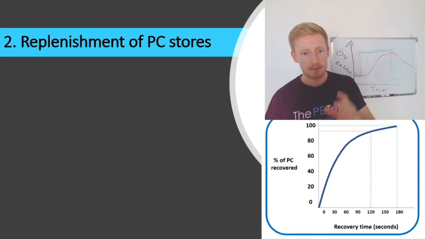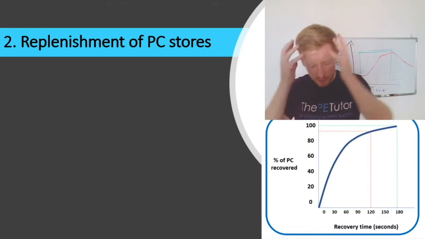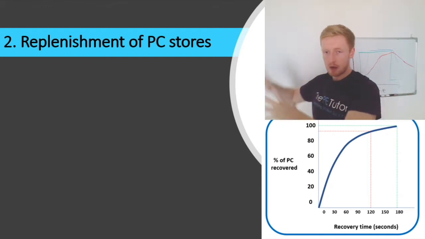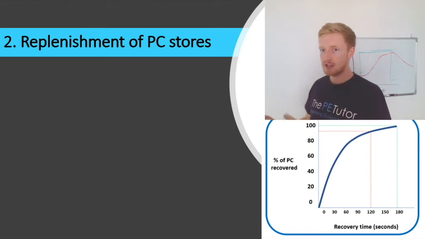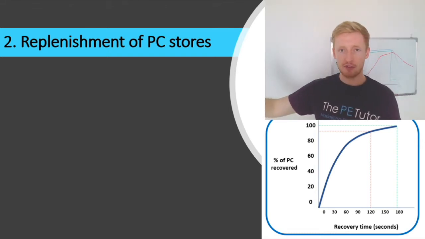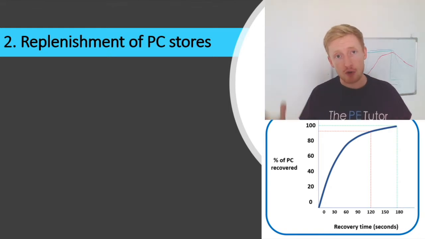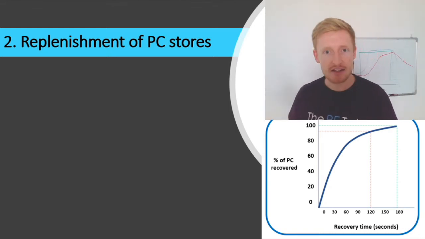Second, as we said, phosphocreatine. Because if we forget about EPOC for a second and just think about energy pathways, in the first 2 seconds we use ATP inside of our muscles. For the next 3 to 12 seconds of exercise, we use phosphocreatine, the ATP-PC system.